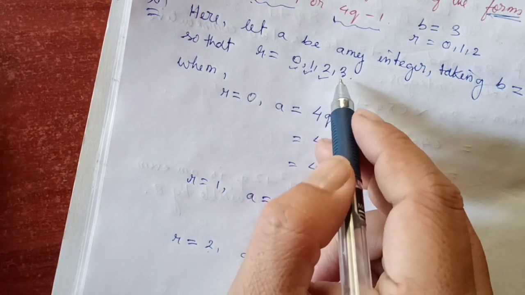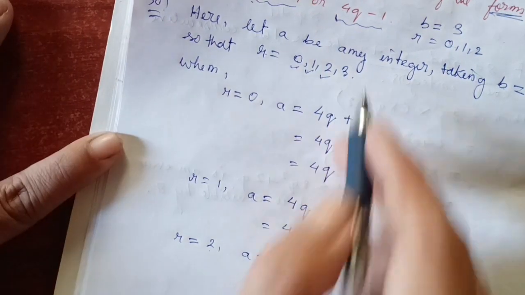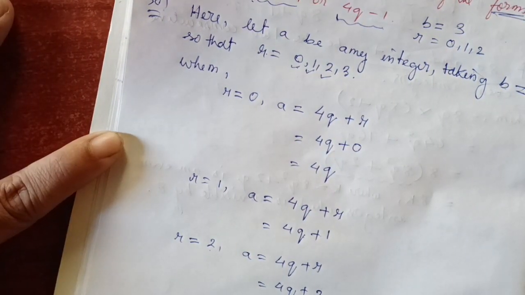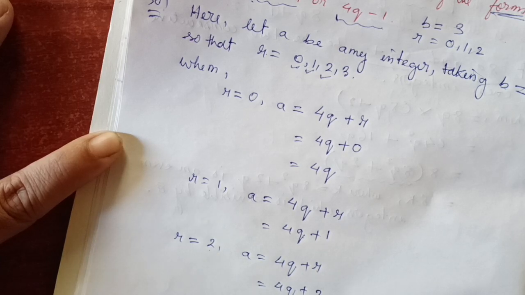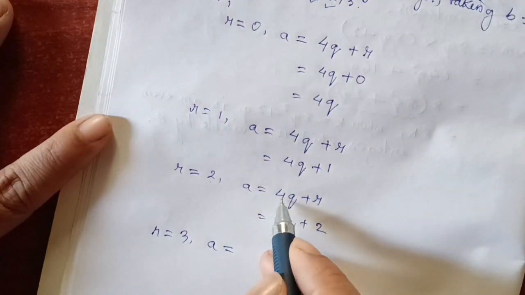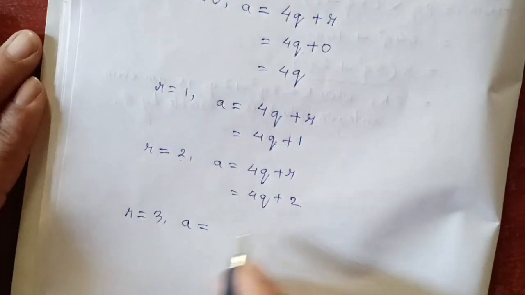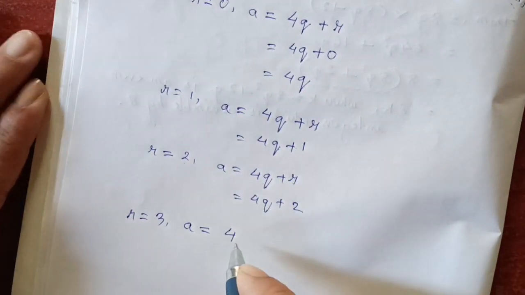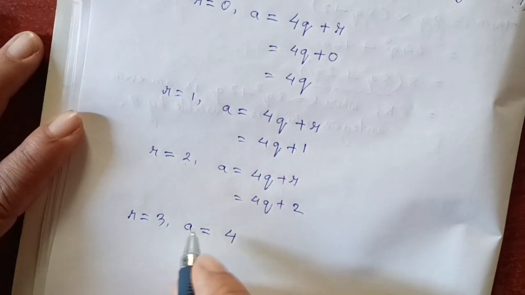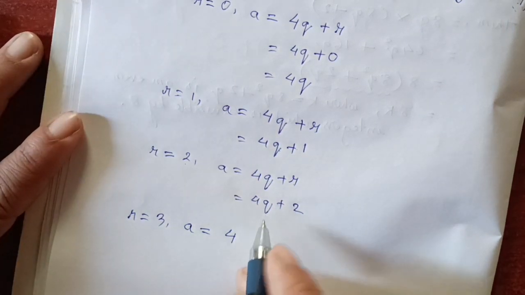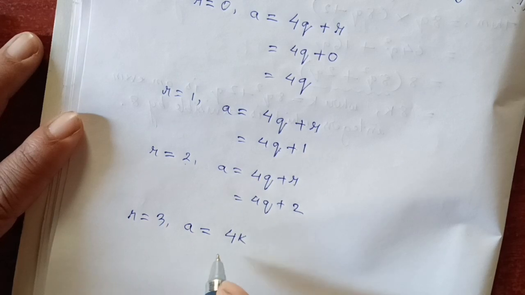Now when the r value is 0 we finish, 1 finish, 2 finish, so we are going to do it by 3. This will be the last one. When r is 3, how can you write this a? You know that our b value is 4, so always start with 4. In the last one, instead of q, you write down k.